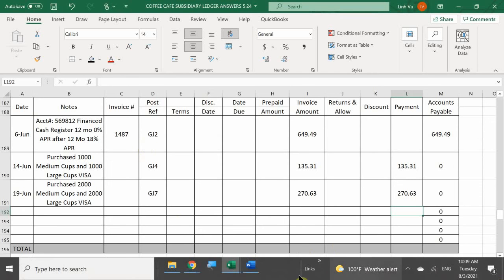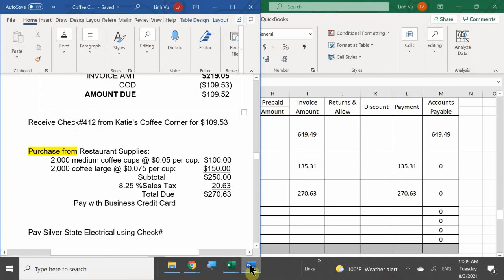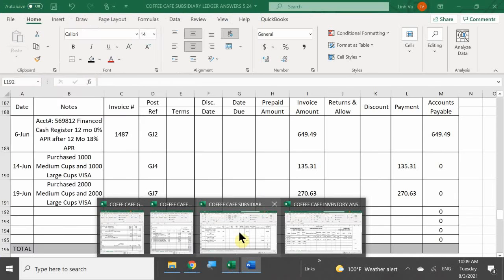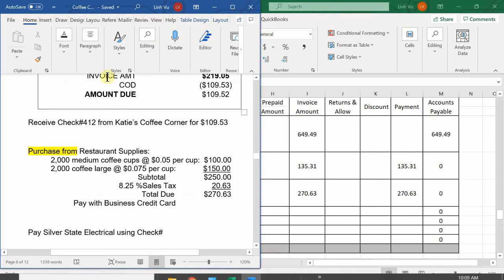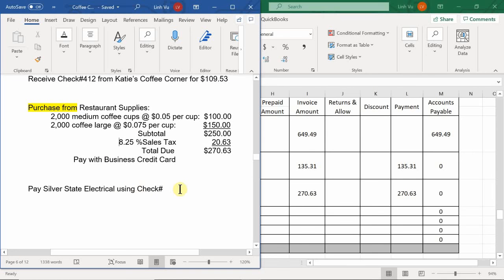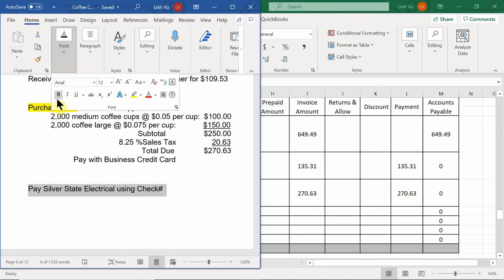So that's it for this one, right? Because we already entered it in our journal, our ledger, and their subsidiary ledger. This has no effect on inventory. So I am going to stop here for the break. We're going to pay Silver State when we come back.